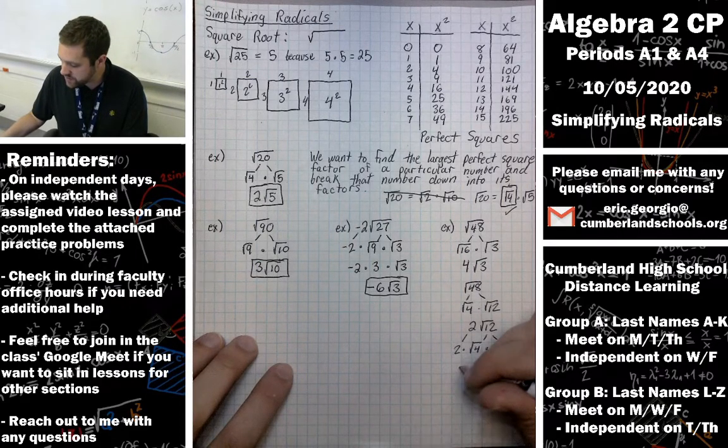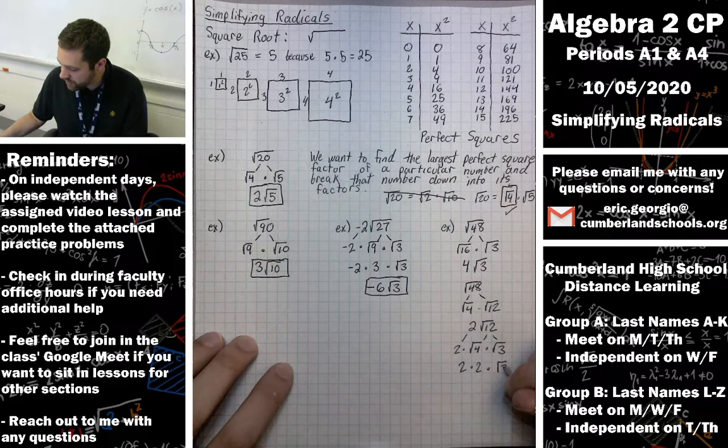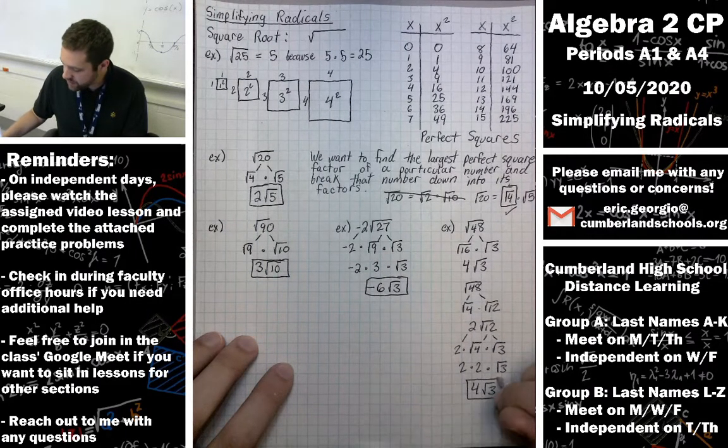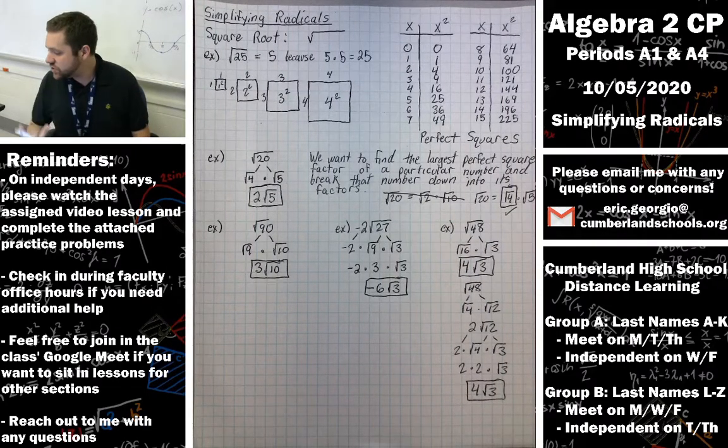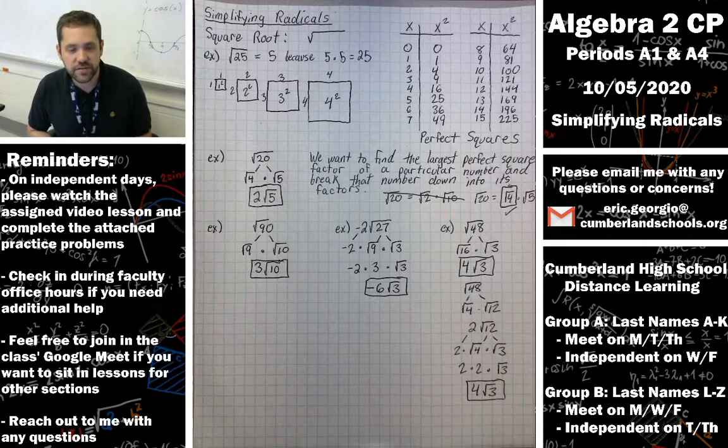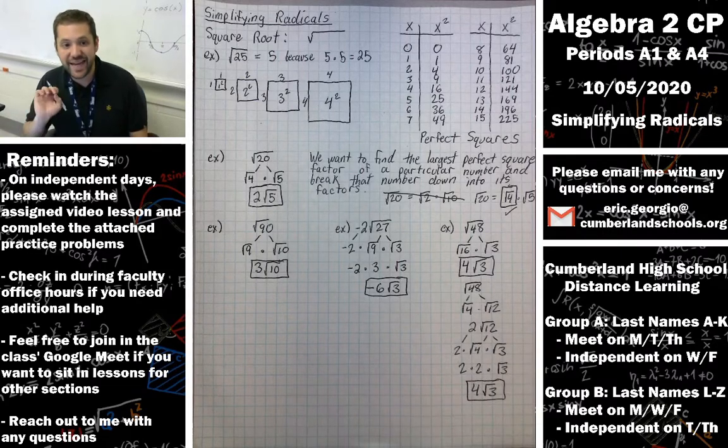The square root of 4 is 2, so I'd get 2 times the square root of 3, or 4 radical 3. Same answer, but notice how much more work was involved when we did not choose the largest perfect square factor. Okay? Notice how much more work. So we always want to try to find that biggest perfect square factor.